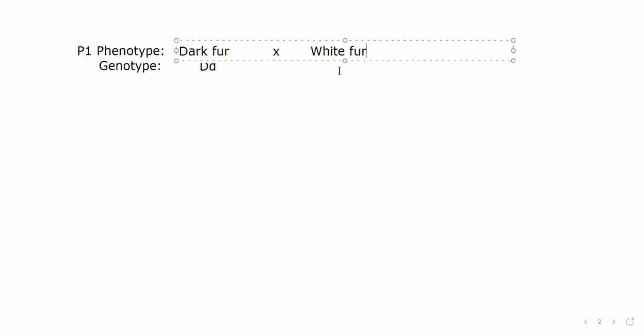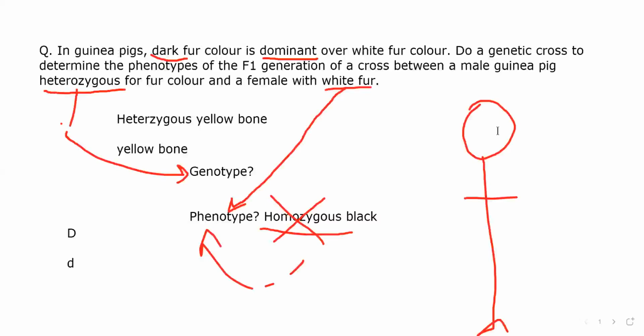Now, the genotype for the female here is not given, but that's not the problem. The question has been carefully asked. If you realize, they say here, dark fur is dominant over white fur, which means white fur color is recessive. There is only one possibility for a recessive trait to be expressed in the phenotype. Only one possibility.